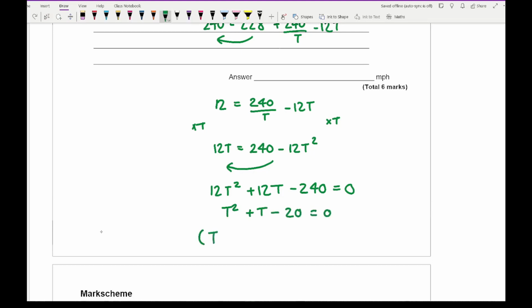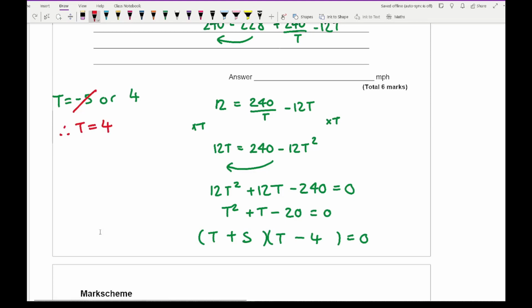I can then factorize this, (t plus 5)(t minus 4) equals 0. So from this I get t equals minus 5 or positive 4. Now because t is time, we can't have negative time, so it can't equal this, so therefore t must equal 4.